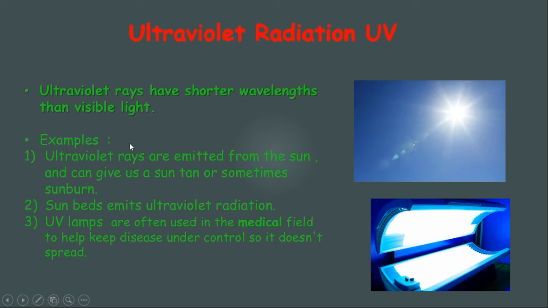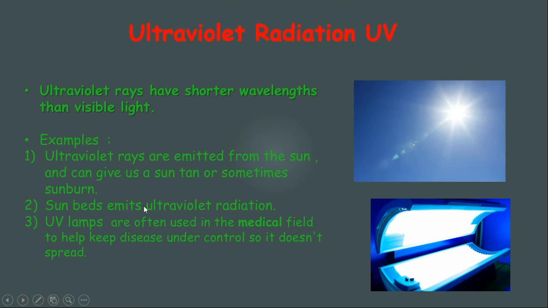Now, examples of ultraviolet radiation. The first example that we all know is the ultraviolet rays emitted from the sun. These ultraviolet rays can give us a suntan or sometimes sunburn. If you stay under the sun for a long time, they cause sunburn.